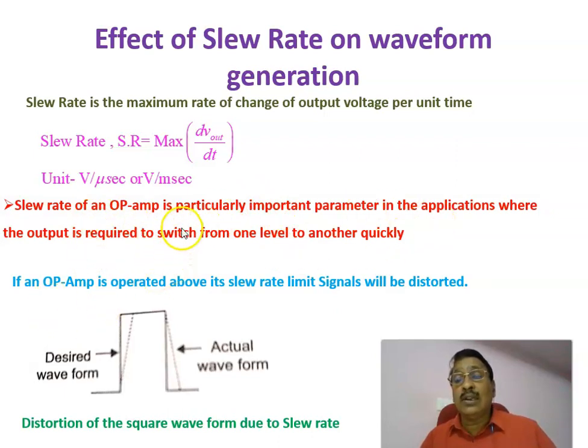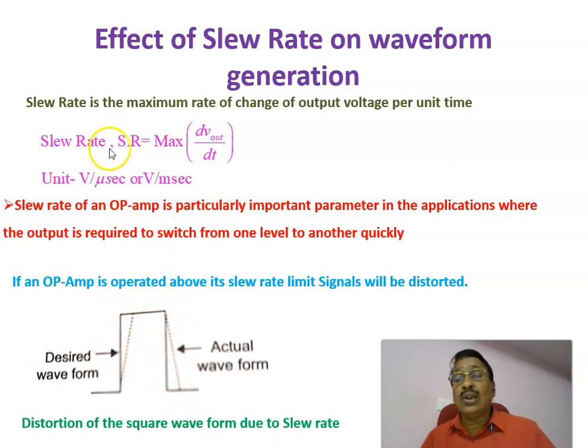In the practical case, if an op-amp is operated above its slew rate limit, signals will be distorted. If the voltage is suddenly changing above the permitted value, the slew rate of the op-amp, then we can see this. This is the ideal change we want, from minus VSAT to plus VSAT or plus VSAT to minus VSAT.